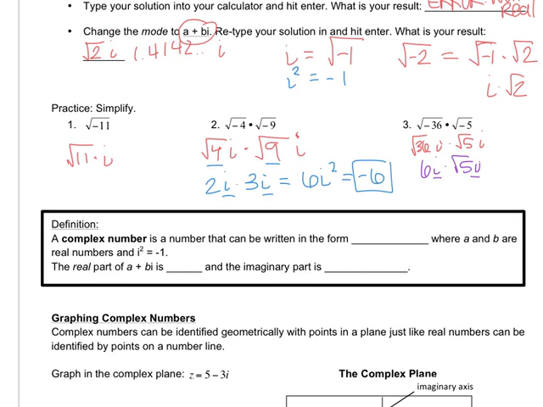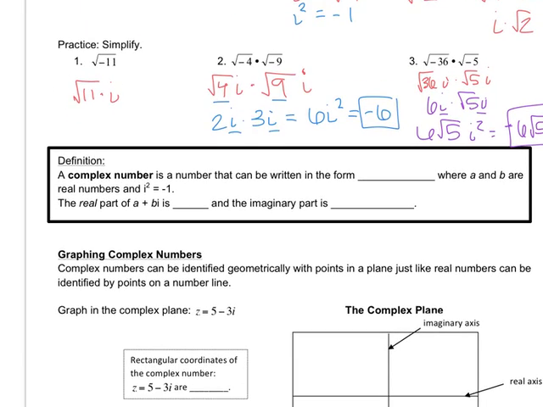So again, we'll multiply our i's together, and we get 6 root 5 times i squared, but i squared is just negative 1. So we've got negative 6 times the square root of 5. So that's how imaginary numbers, or complex numbers, as I will refer to them, behave in simple examples of simplifying.